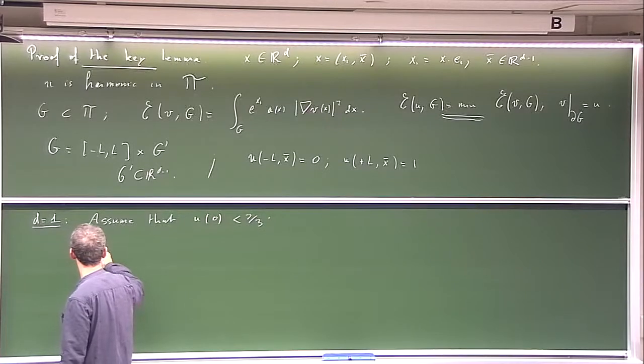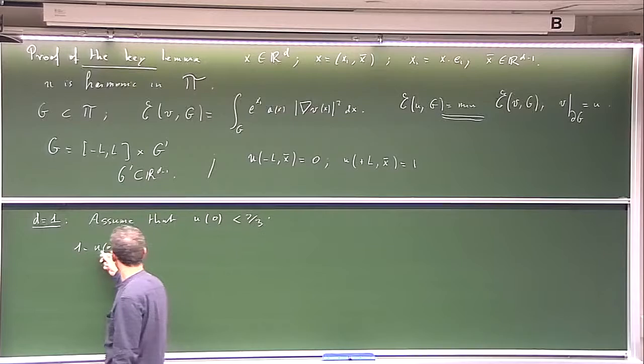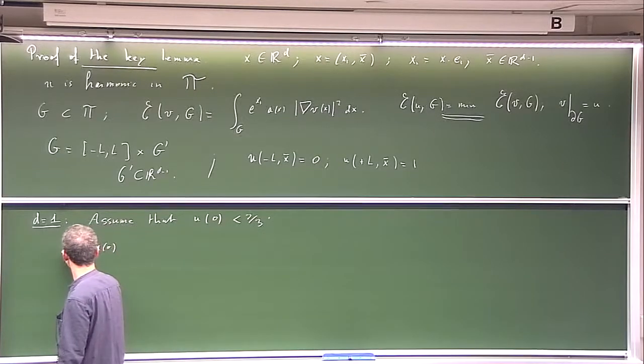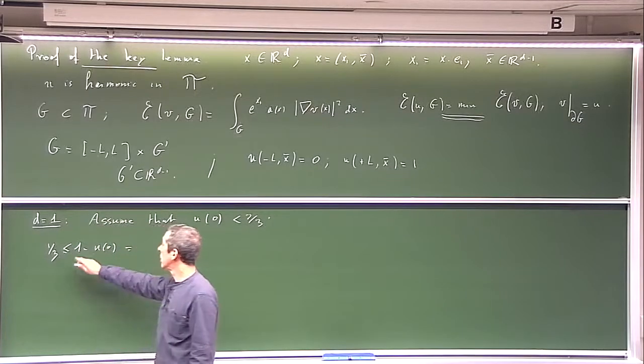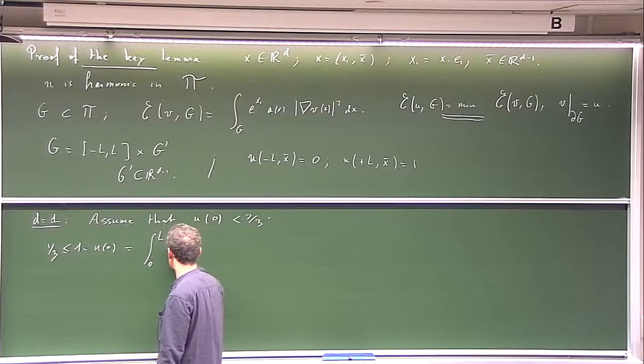Look at 1 minus U of 0. U of 0 is less than 2/3, so this is more than 1/3. Now this is the value at L of U.